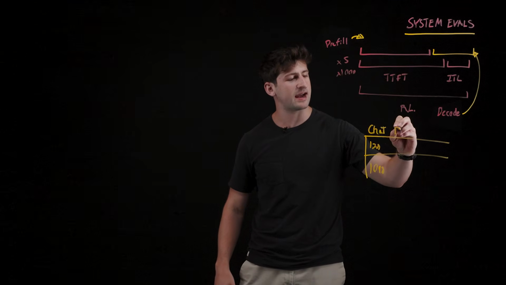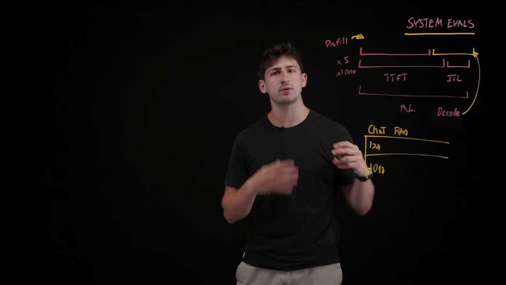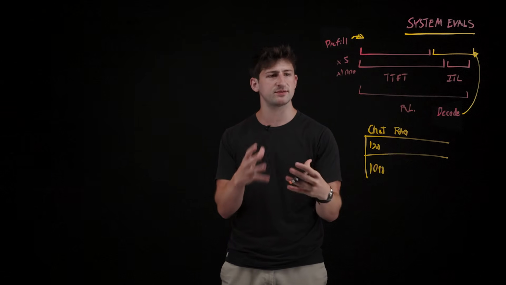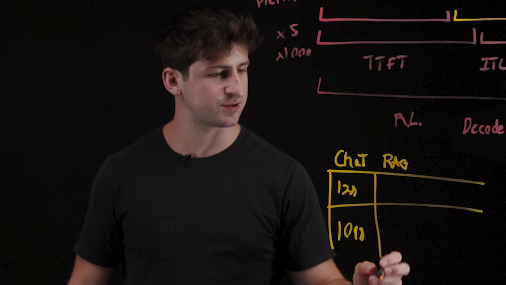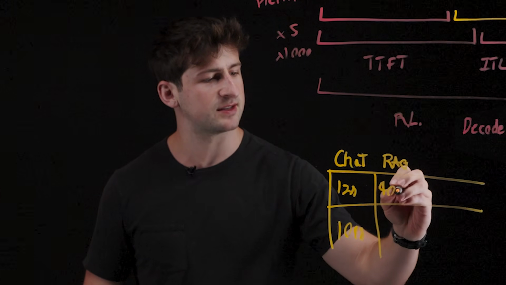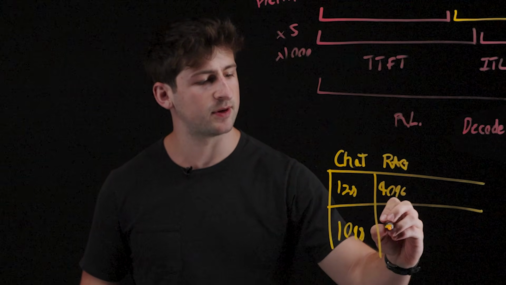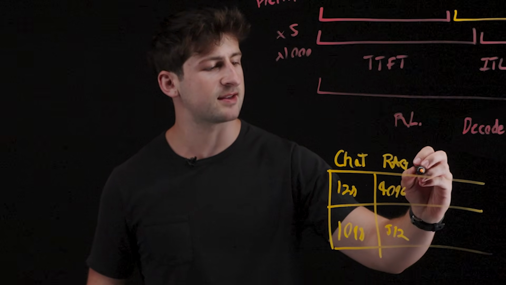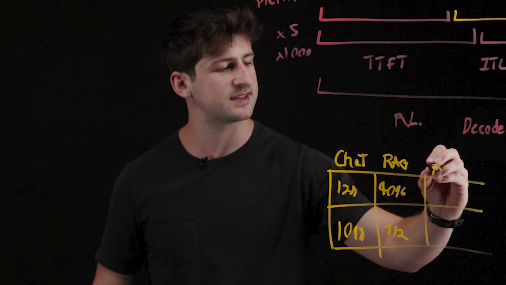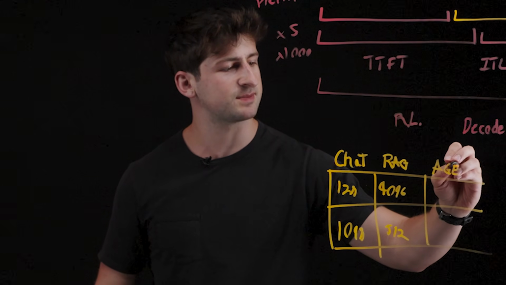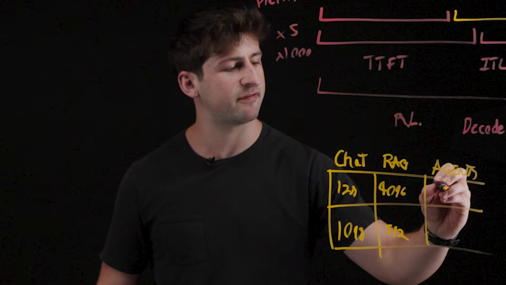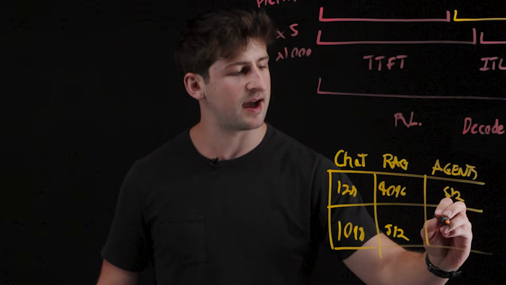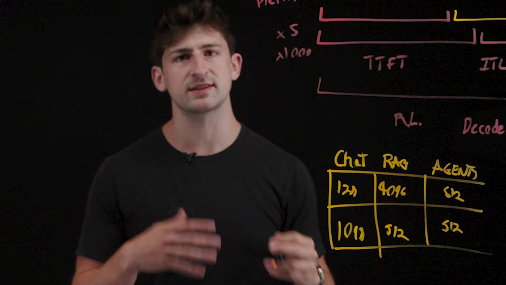And let's say for a RAG example, working with our data, well, we're pulling in huge chunks of documents. And for this situation, maybe it's 4,000 tokens and an output of 512 tokens. And then finally, a lot of us are using AI coding assistants and agents. So agents might be calling tools, getting back 512 tokens and outputting 512 tokens as well.